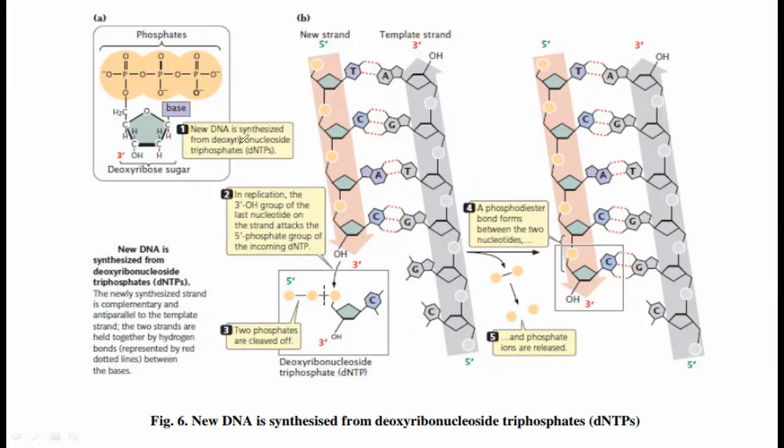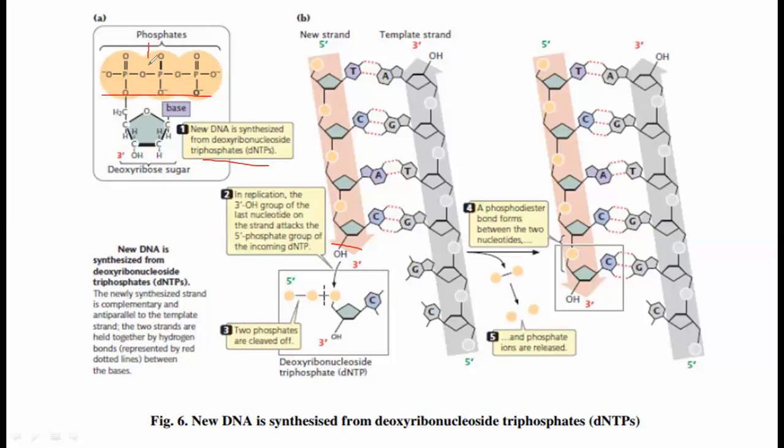New DNA is synthesized from deoxyribonucleoside triphosphate, dNTP, you call it. It comes here. In the replication, the 3-OH group of the last nucleotide attacks the 5-phosphate group of the dNTP. This is attached at 5.